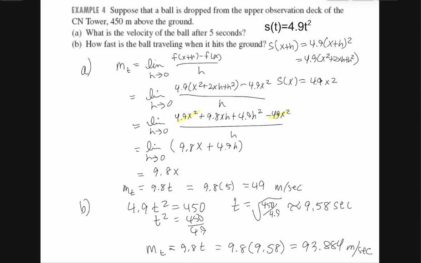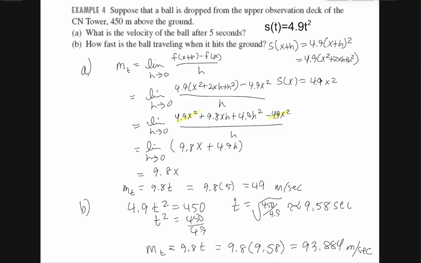So there are lots of physics applications that you are going to see, depending upon the particular function. If it's given in meters, you'll see 4.9 and 9.8 appear a lot, because gravity is 9.8 meters per second squared.